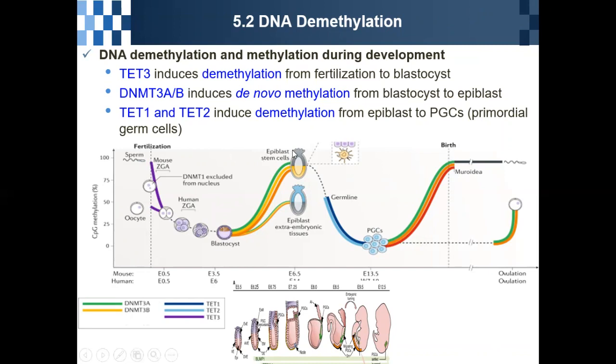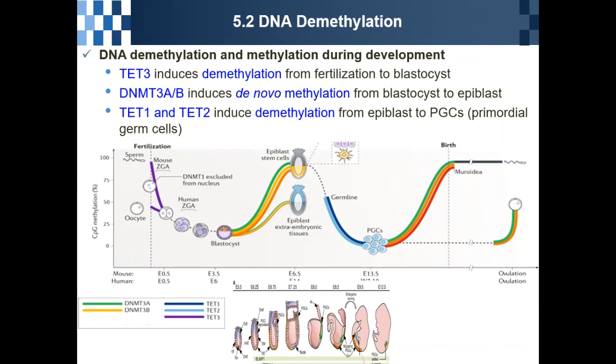And also after that, from the epiblast to the primordial germ cell, the primordial germ cell is located here. So also demethylation happens. At that time, TET1 and TET2 are involved in the demethylation step.